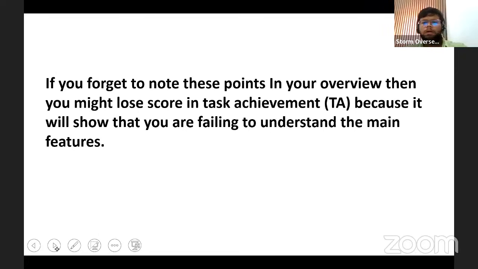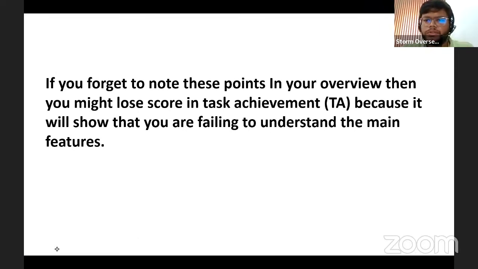What happens if you fail to mention these features in your task 1 overview? It shows that you have misunderstood the task, or you are not able to identify the main features.